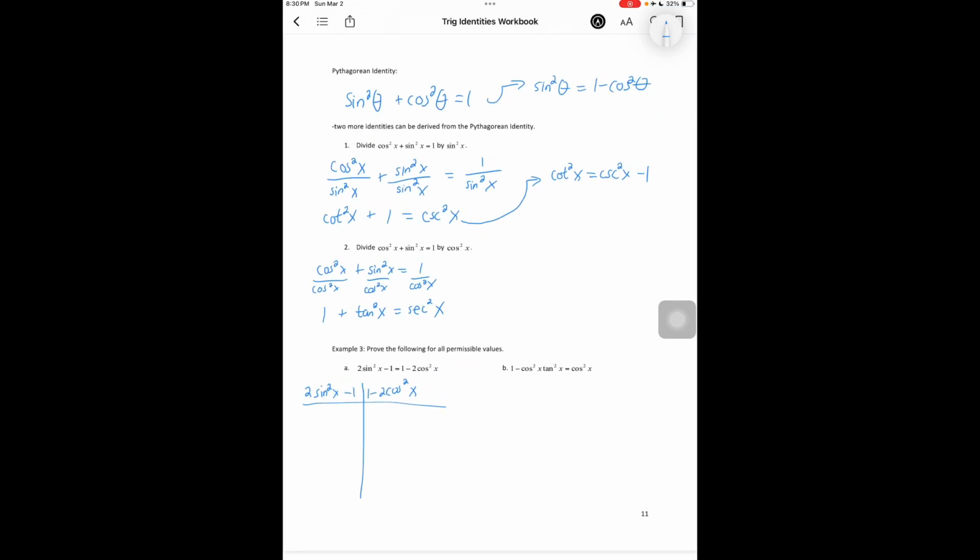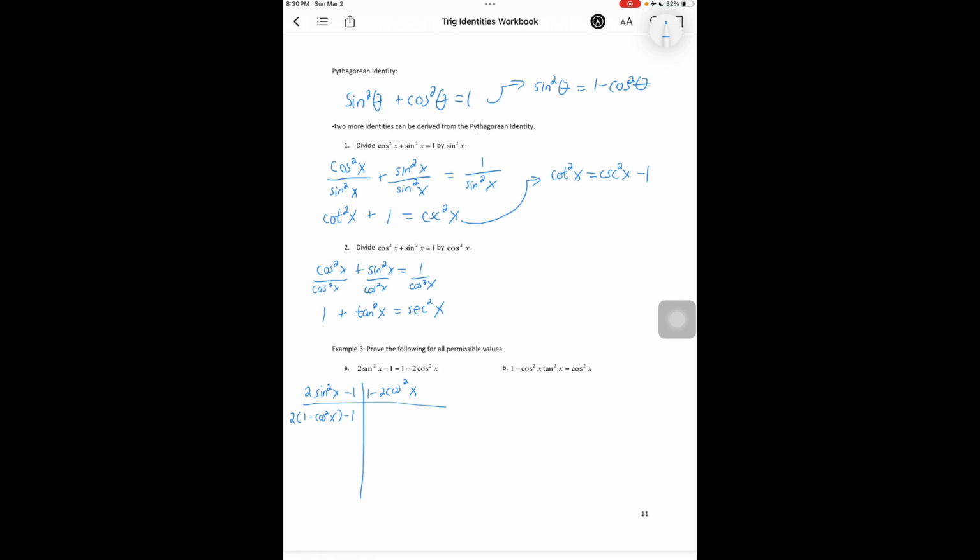So I'm going to change this sine squared into this identity at the top. So here is going to be 2 bracket 1 minus cos squared, not a theta, it's an x. Do not make that mistake. If you write a theta out of nowhere, you're going to lose half a mark for that. Minus 1.